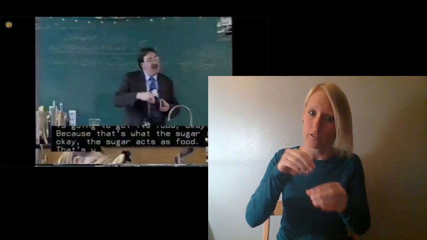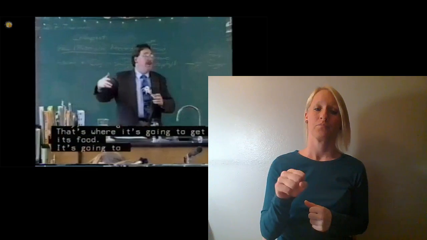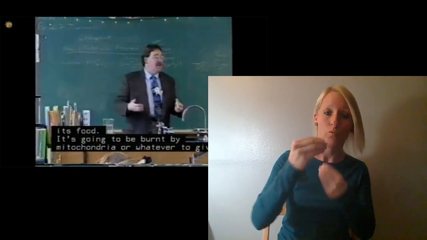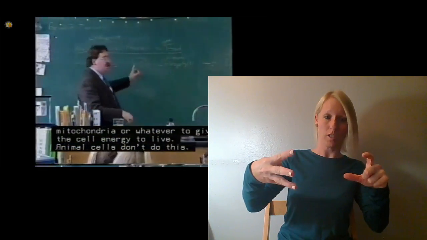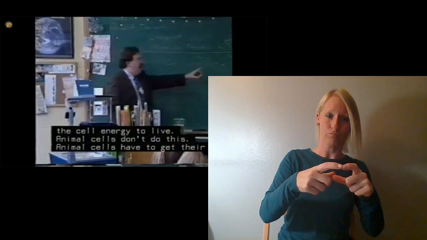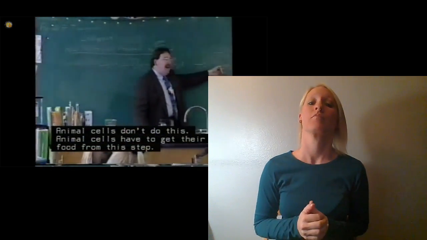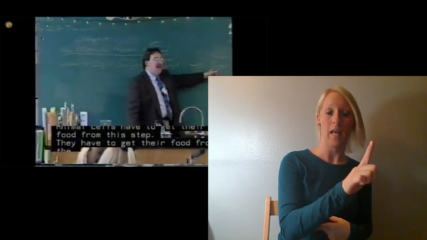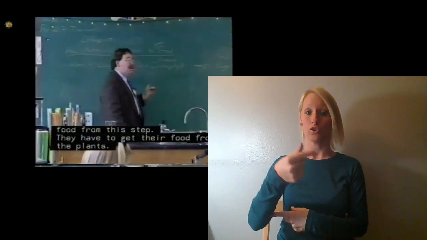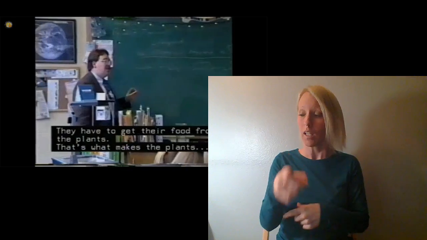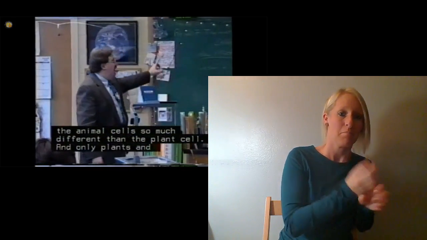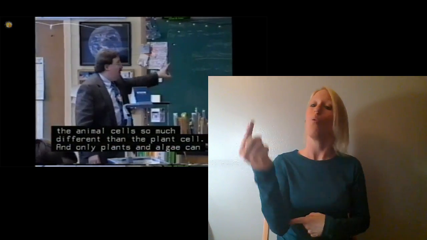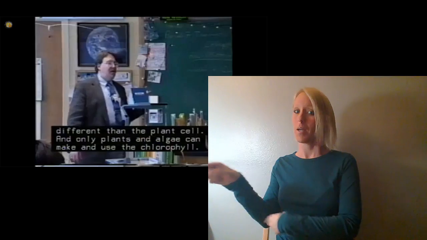That's where it's going to get its food to be burnt by mitochondria or whatever to give the cell energy to live. Now, animal cells don't do this. Animal cells have to get their food from the plants. That's what makes the animal cell so much different than the plant cell. And only plants and algae can make and use the chlorophyll.